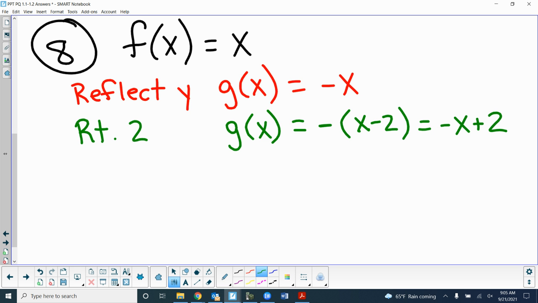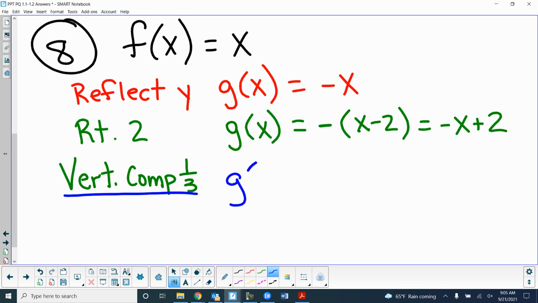And then part 3, a vertical compression. So when it's vertical, it's the whole thing. And we don't do the reciprocal, whatever they tell us. So vertical compression of 1/3. Oops, I wanted to change the colors there.